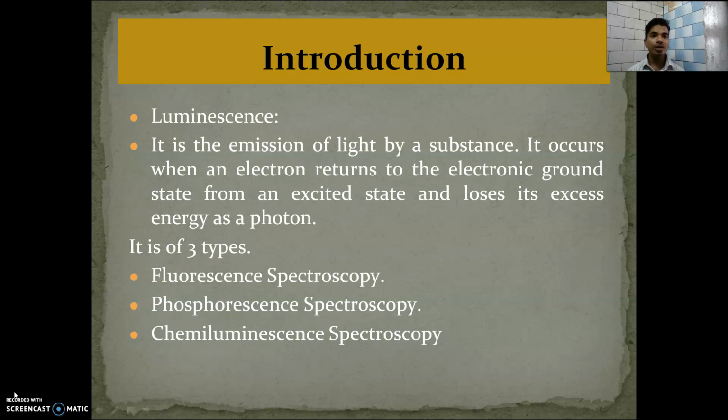There are three types of luminescence: fluorescence, phosphorescence and chemiluminescence. The related spectroscopies are fluorescence spectroscopy, phosphorescence spectroscopy and luminescence spectroscopy respectively.